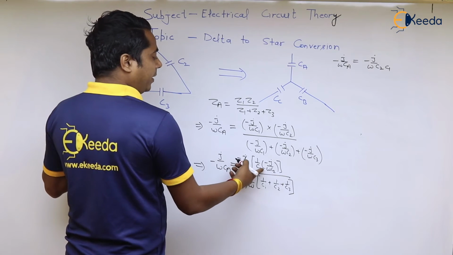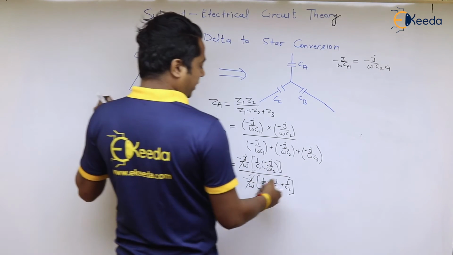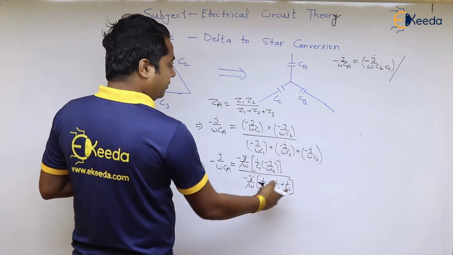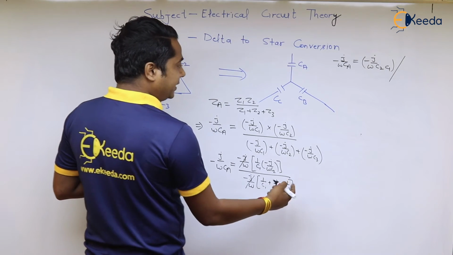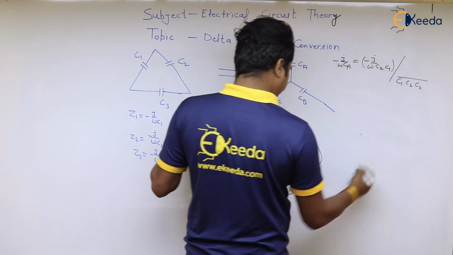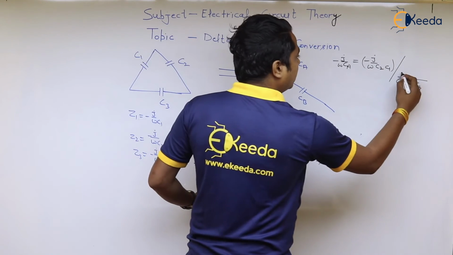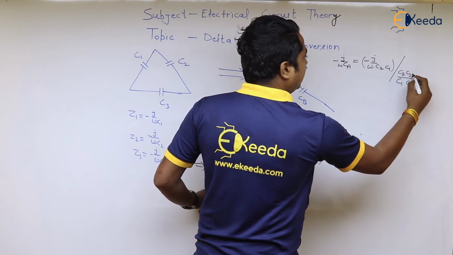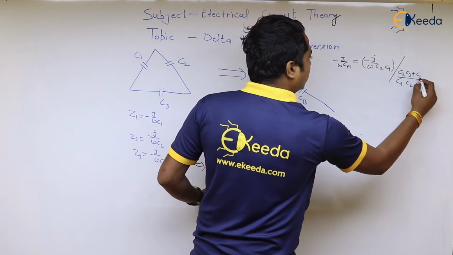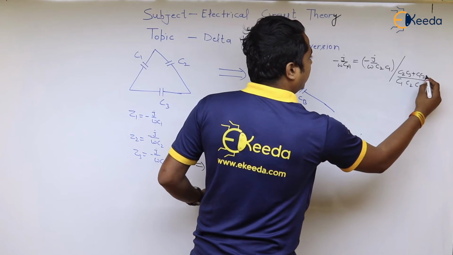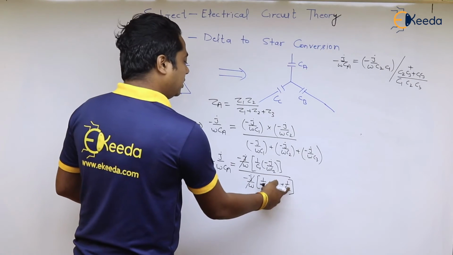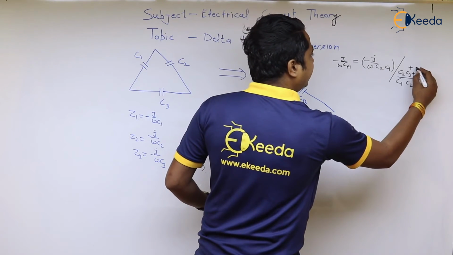This will be in the numerator and in the denominator we will be taking common C1 C2 C3, and here it will come C2 C3 plus C1 C3 plus C1 C2.